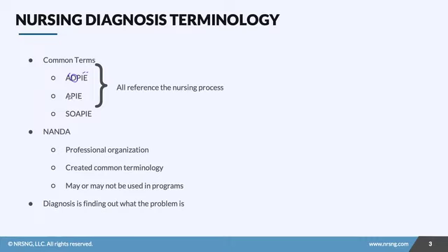They leave out diagnosis, but that's supposed to be done in the assessment phase when you collect and then assess that data. And then you have the SOAPI, which is subjective, objective, analysis, planning, implement, evaluate, where here's where you're doing this diagnosis.